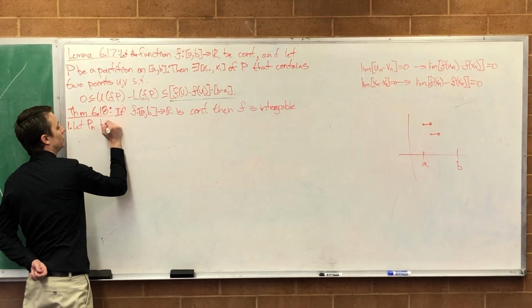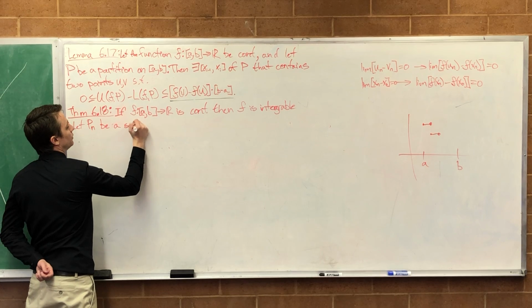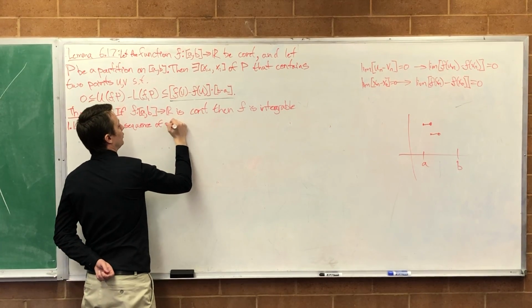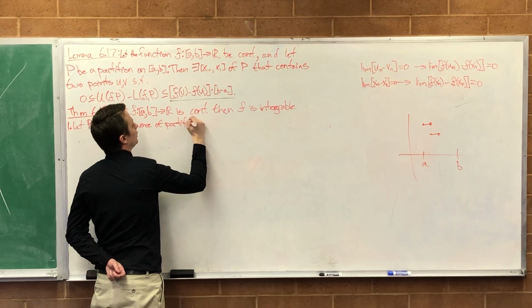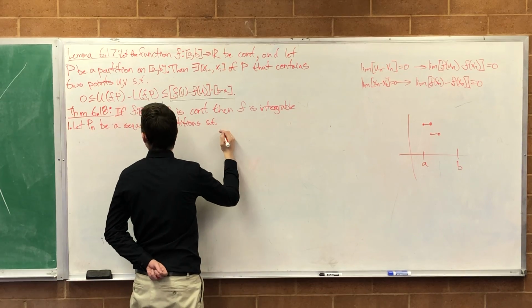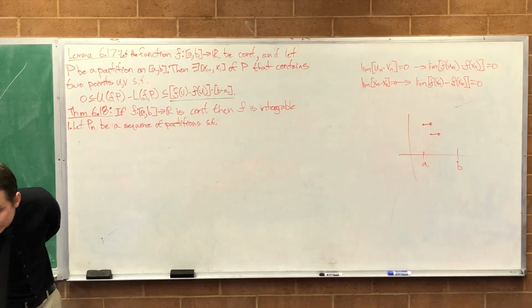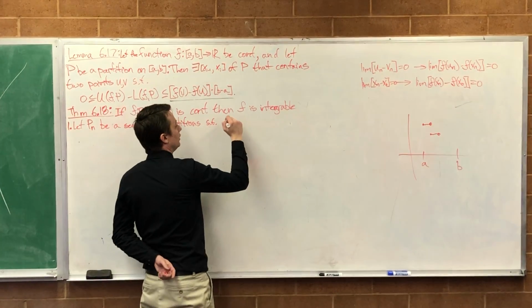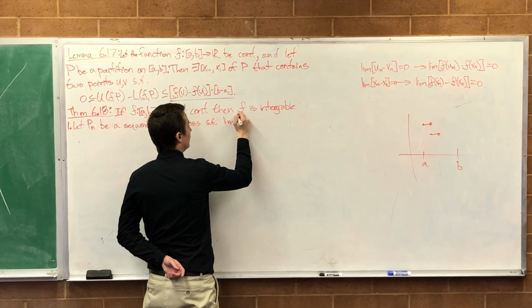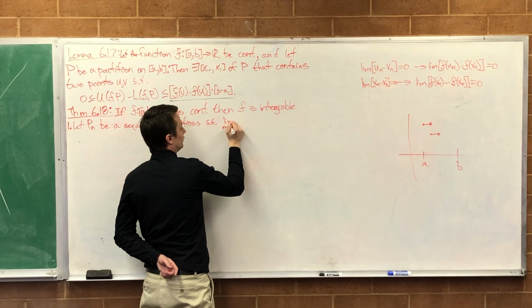Let Pn be a sequence of partitions such that in the limit the gap goes to 0. Yeah, that's good. In the limit, we can put as n goes to infinity here.